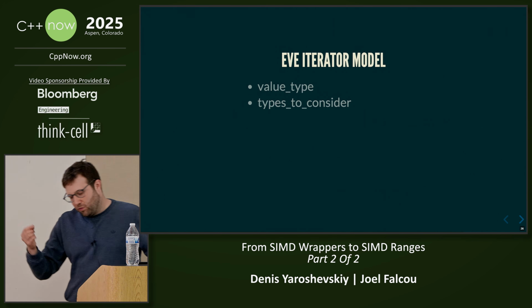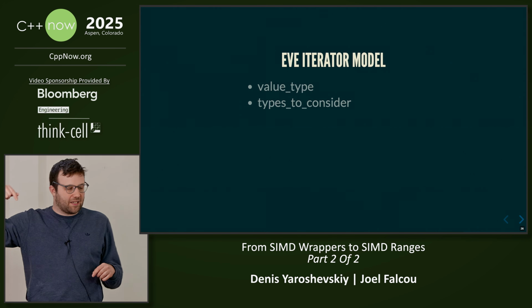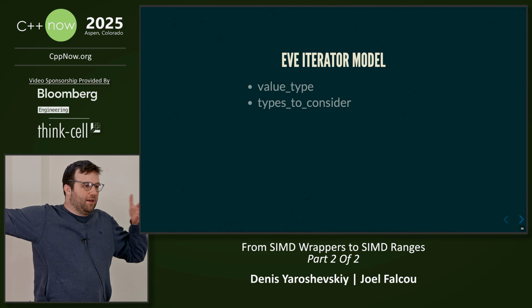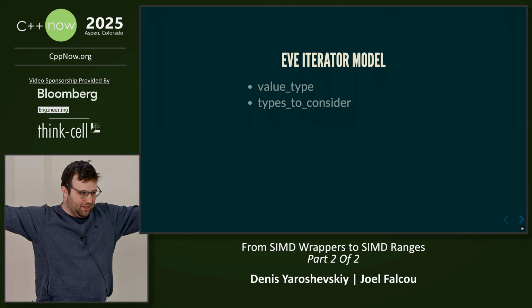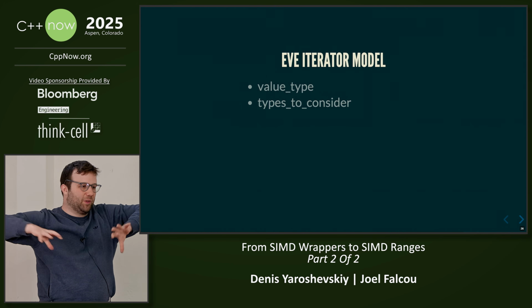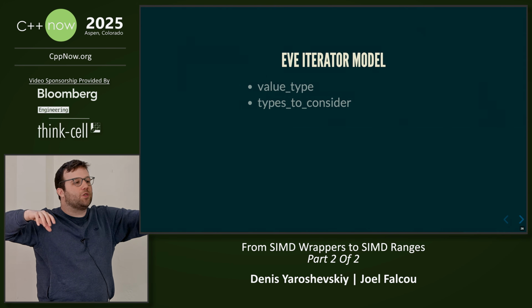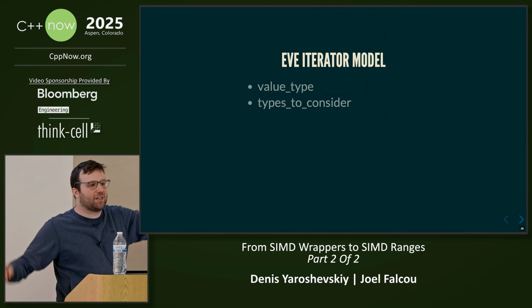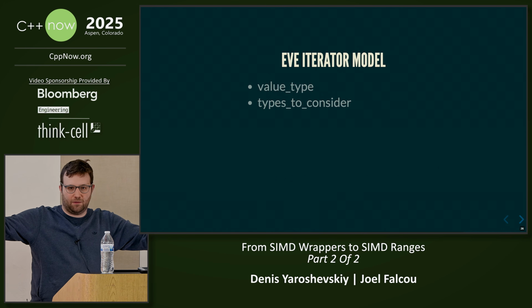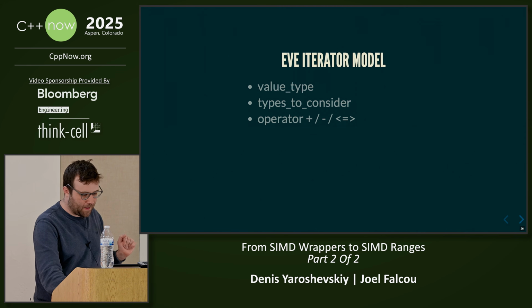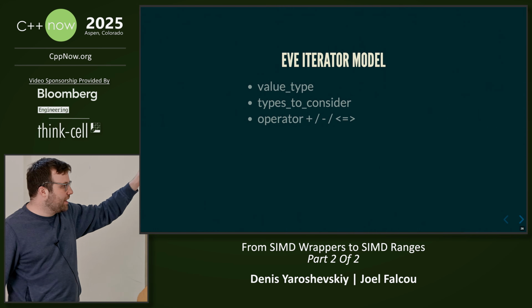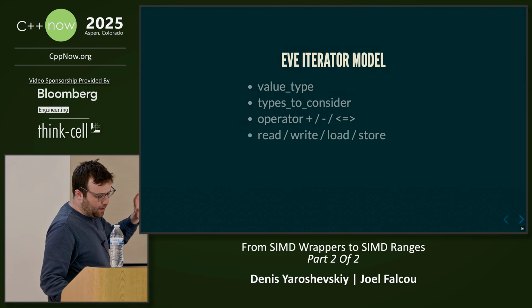But in SIMD, you would like to know that under the hood there are doubles, so you don't want to use too many elements in the SIMD register, because otherwise you have to emulate the big one. So you need to know about all the types involved in order to choose the correct register size to use. Make sense? Okay. We have operator plus, minus, and also comparisons, same as standard random access iterators.